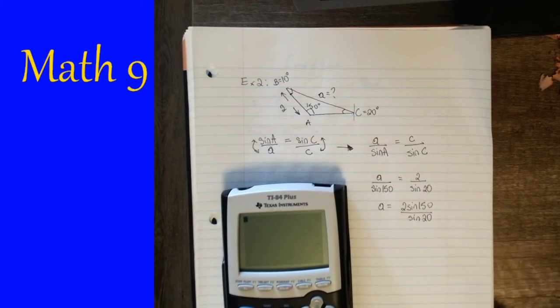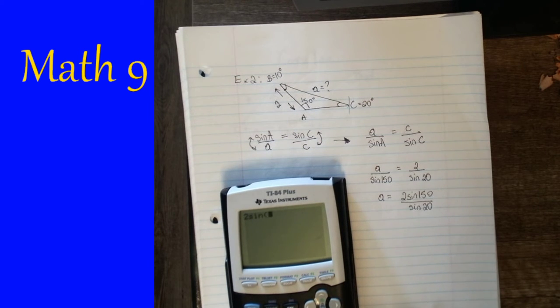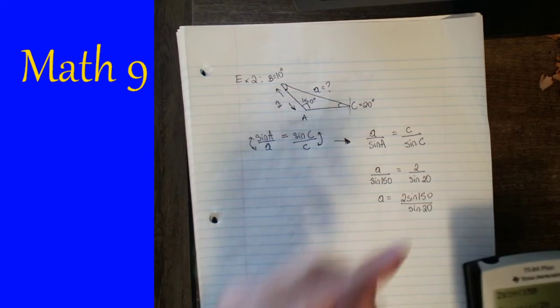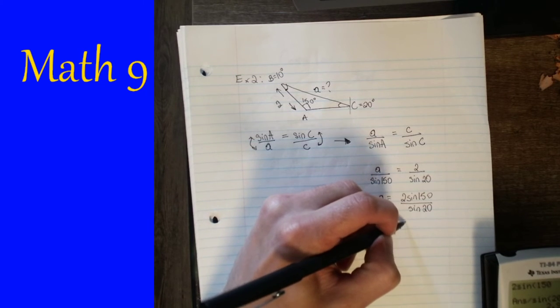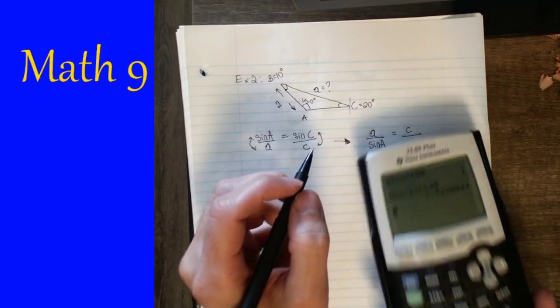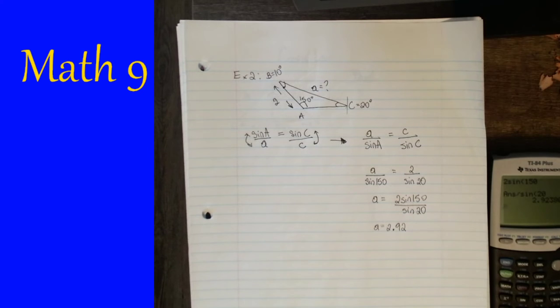So we get our calculator out. 2 sine 150, well, that's just 1, divided by sine 20. So we get 2.9238. So that would be our a value. I'm just going to say 2.92, but if I use it in further calculations, I'll keep the number on my calculator stored and ready to go.